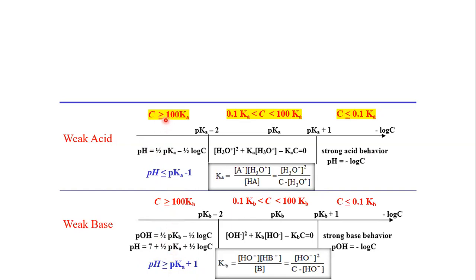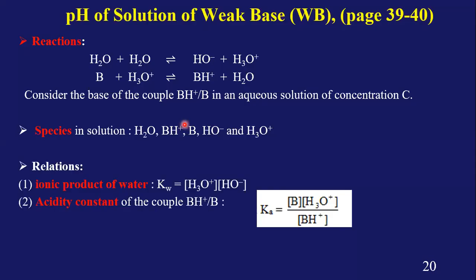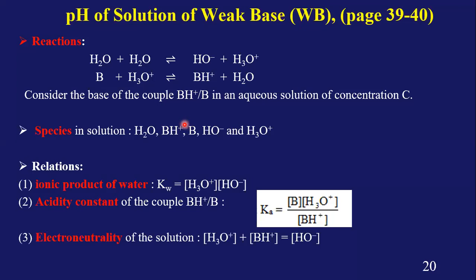We use mainly this yellow validity at the beginning of an equation. We could do the same for a base. I'm not going to go through it though. You could go through it again. You look at the electroneutrality principle on both sides. This is a base reacting in water. Now, this is not typical for us, where we put a base reacting with H3O plus, giving you BH plus and H2O.